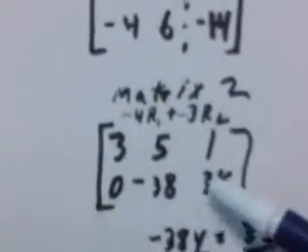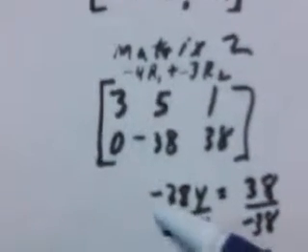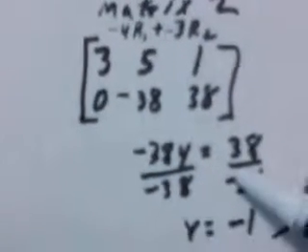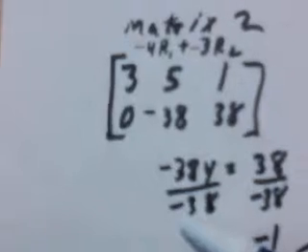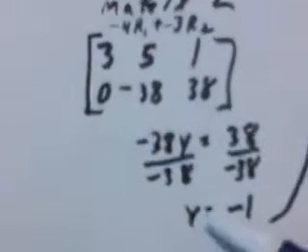But the last row, you turn it back into an equation and you solve it. So we have negative 38y equals 38. We divide both sides by negative 38, the same way we did previously when we solved it using the addition and the elimination method, and we still get y equals negative 1.